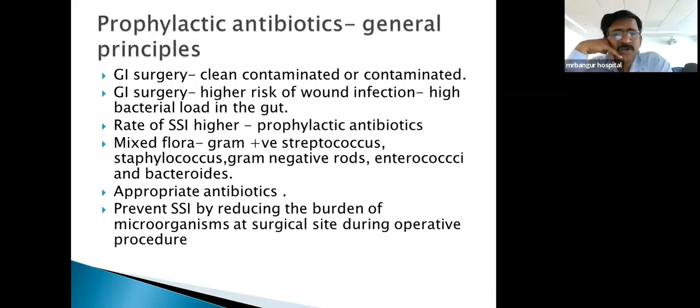GI surgery has a higher risk of wound infection in view of the high bacterial load in the gut, and the rate of surgical site infection is higher. These are usually caused by mixed flora, including gram-positive Streptococcus, Staphylococcus, gram-negative rods, Enterococci, and Bacteroides. An appropriate antibiotic is important to prevent and treat this infection.